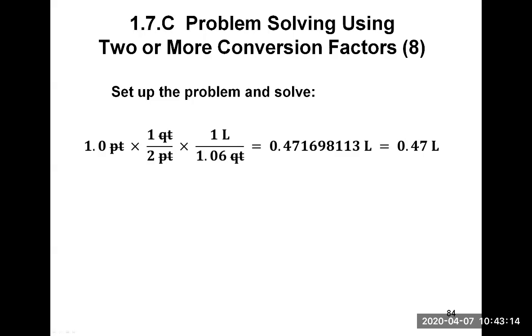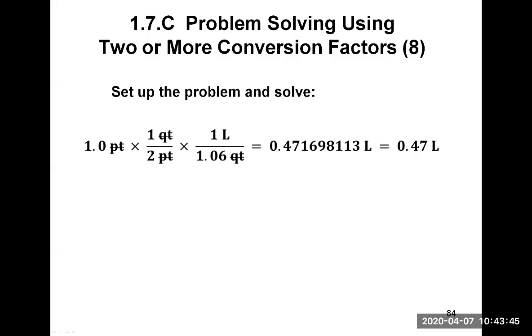So now, sig figs. The 1 quart over 2 pint, these are exact numbers by definition in the English system. 1 quart equals 2 pint exactly. Between the quart and the liters, the 1 liter here is exact, and then the 1.06 quart is measured. You had to measure that between the liter and the quart.